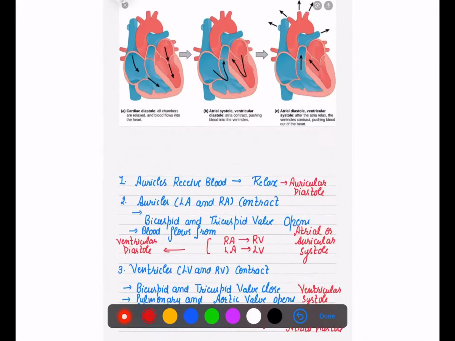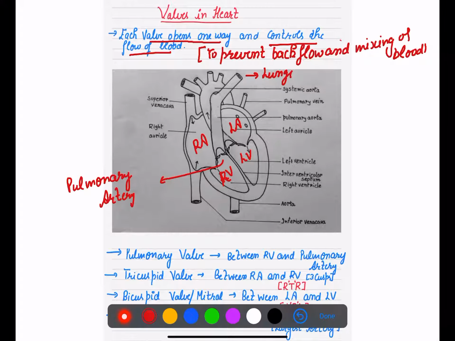This is the pulmonary artery, right? You will get confused with the aorta because we are labeling it as aorta. It is the largest artery. So here this is the pulmonary artery because it is going to the lungs. So pulmonary valve kahan present hota hai? This is the valve which is present between the right ventricle and the pulmonary artery. That is called the pulmonary valve.